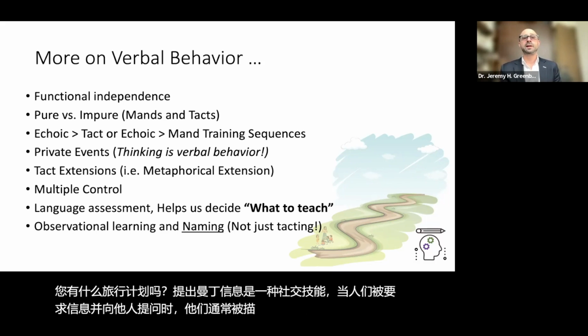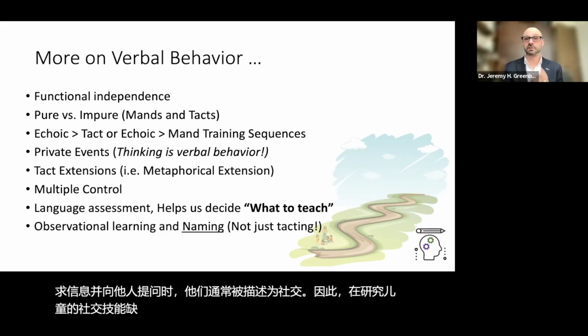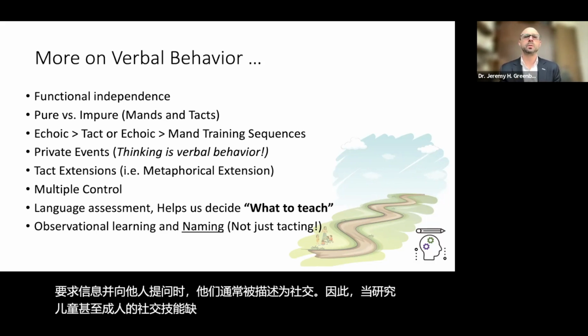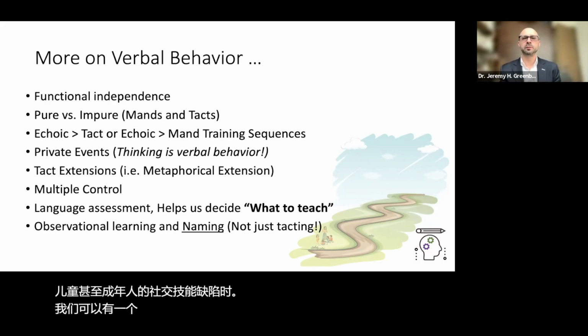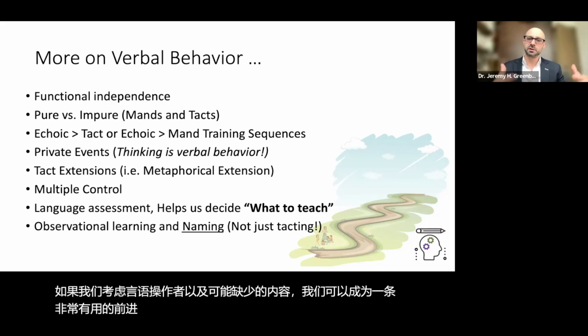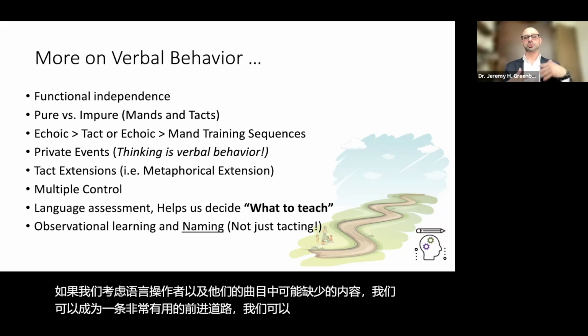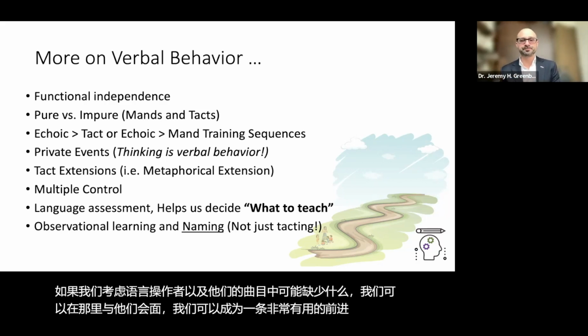So when looking at social skills deficits in children, or even adults for that matter, we can have a very useful path forward if we consider the verbal operants and what might be missing in their repertoire, and we can meet them there and try to move forward.